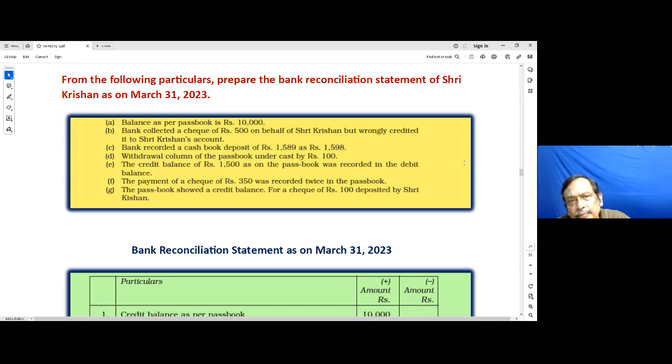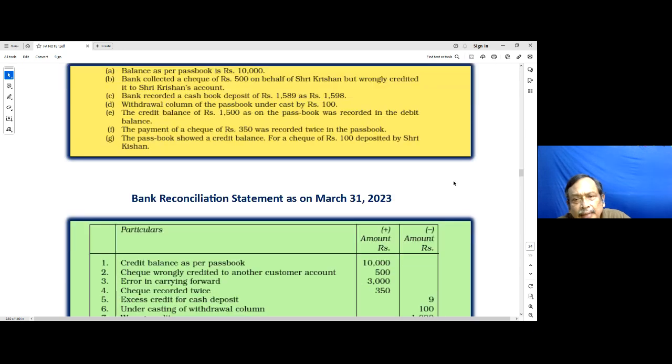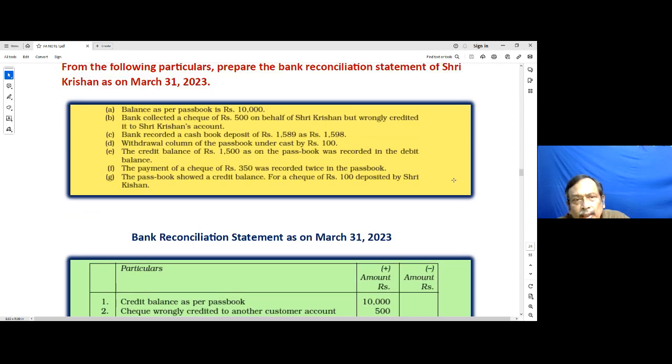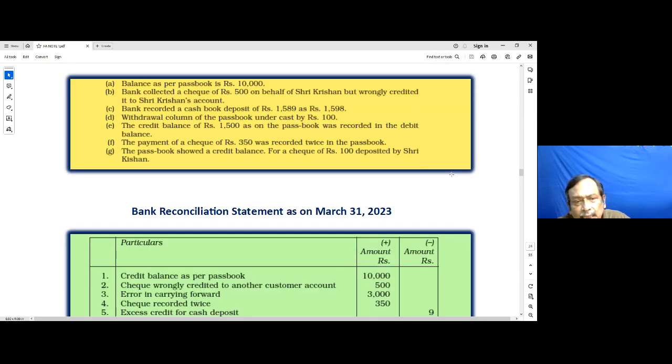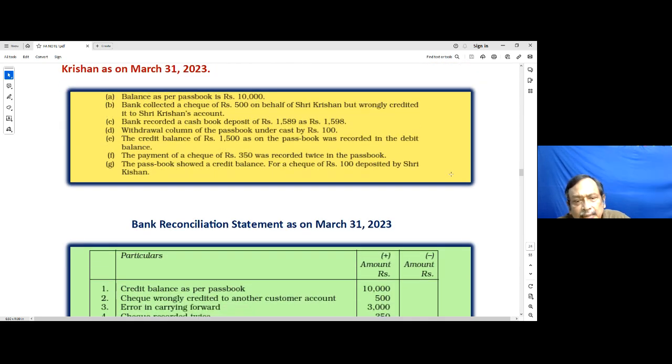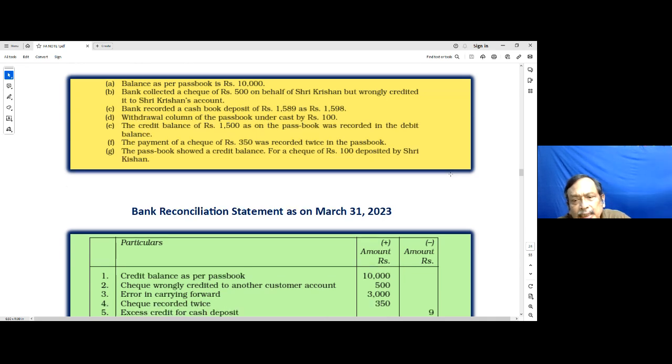From the following particulars, prepare the bank reconciliation statement of Sri Kishan as on 31st March 2023. So we are provided with the bank balance as per passbook. Since nothing has been mentioned, we understand that it is a credit balance as per passbook, that is favorable 10,000.